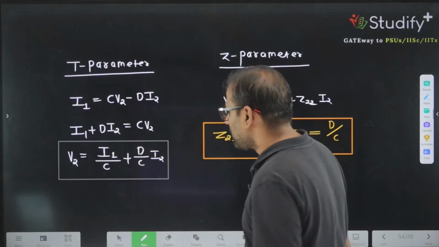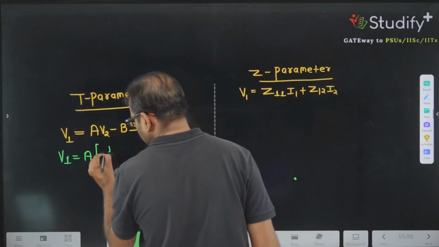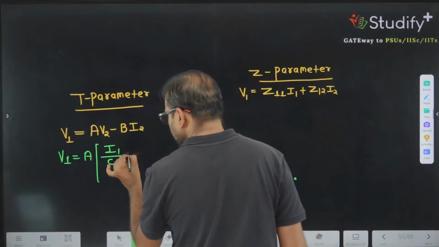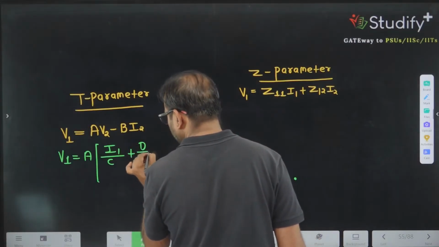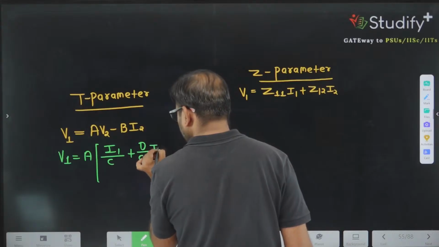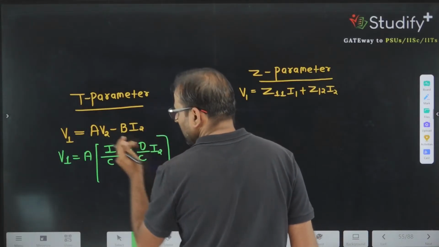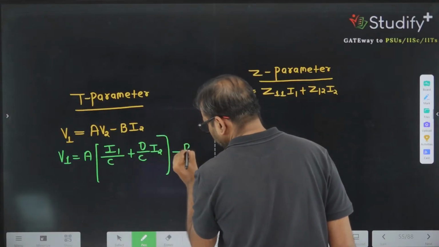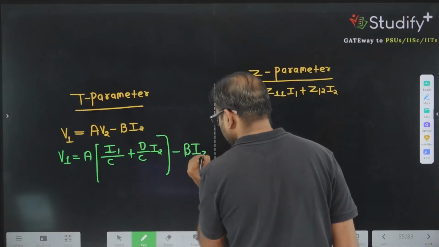So I can say this is I1 divided by C plus D by C times I2. This is A times V2 minus B into I2.